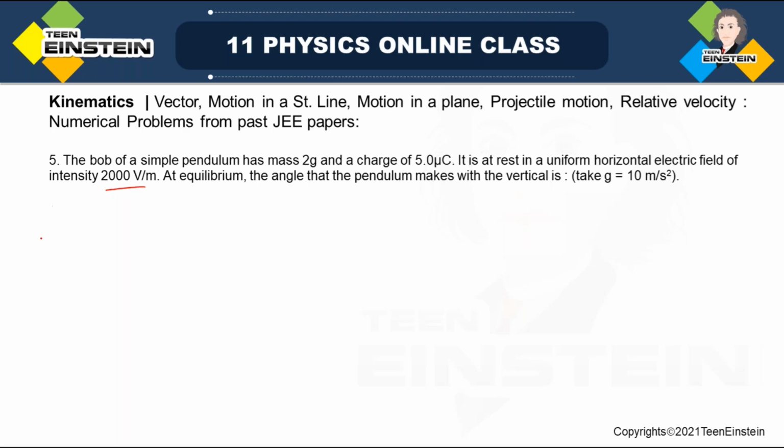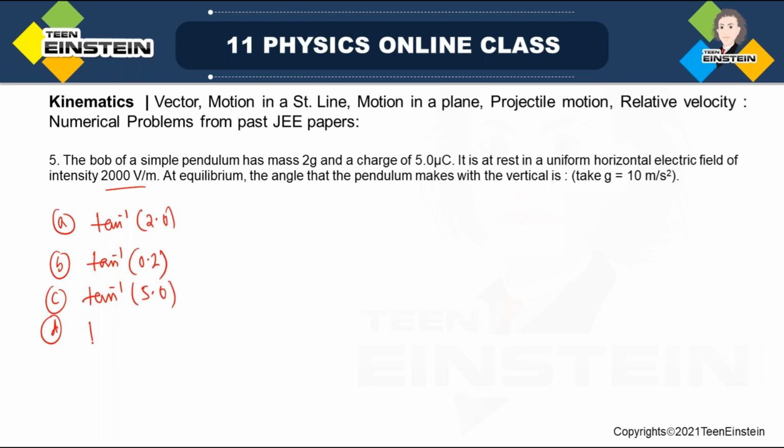The options are: option A, tan inverse 2.0; option B, tan inverse 0.2; option C, tan inverse 5.0; and option D, tan inverse 0.5. So these are the options.